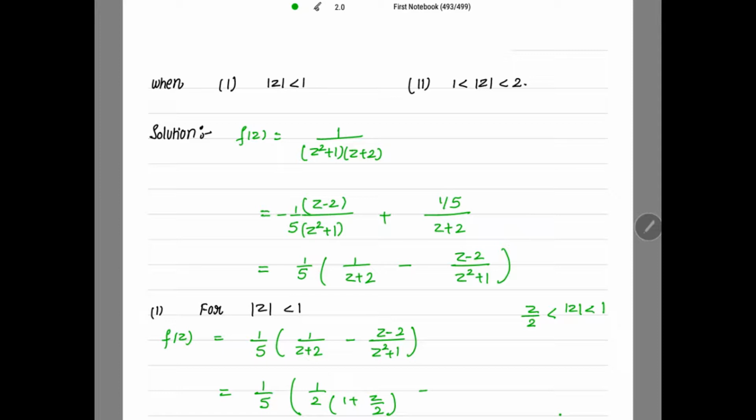For the second term, I'm having z minus 2 over z square plus 1. There is no need to take anything common because I'm already having 1 plus z square, and for that I'm having mod z less than 1. So I can easily expand this with this condition.